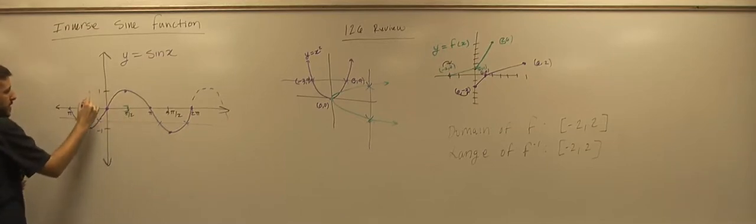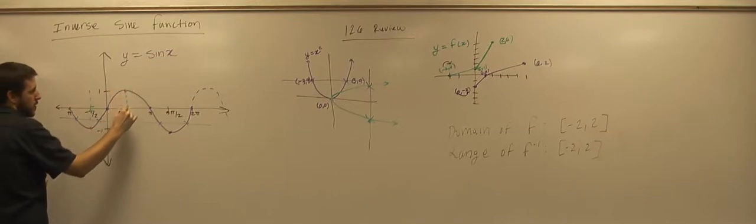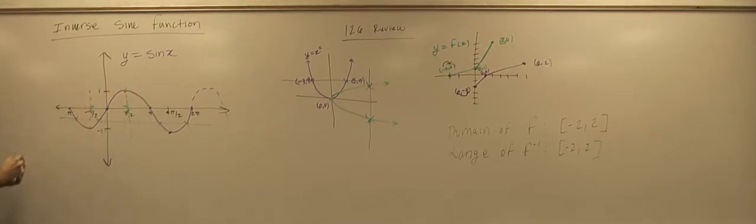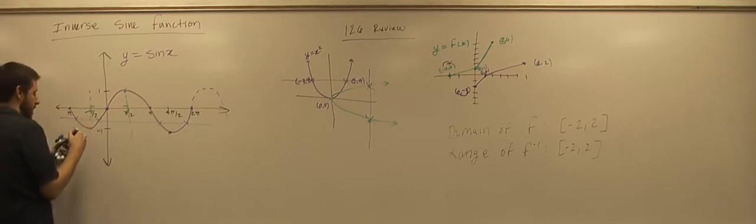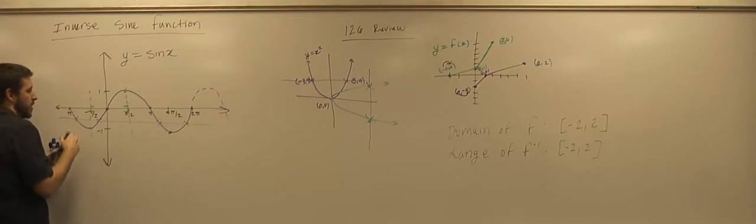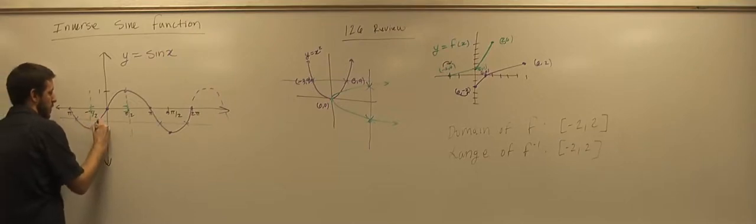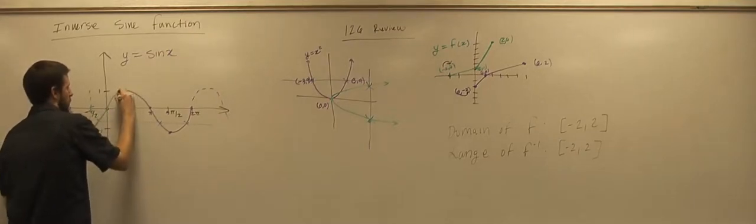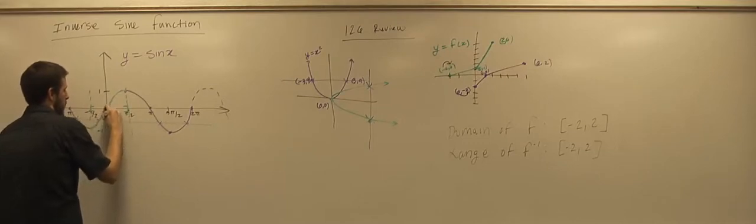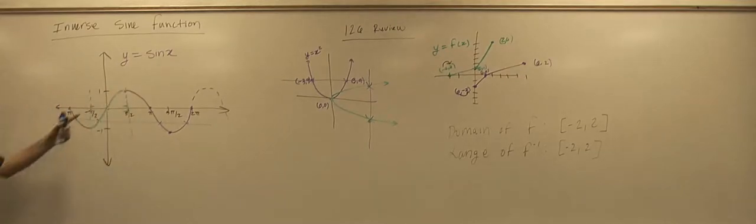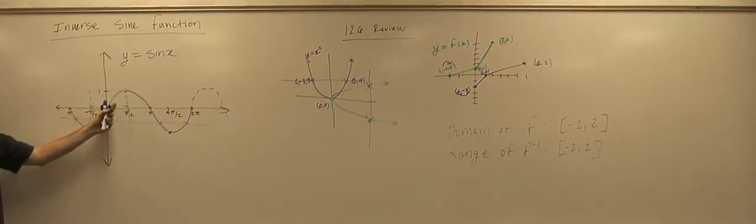On this window right here, where I only have this portion of my graph, this portion does pass the horizontal line test.